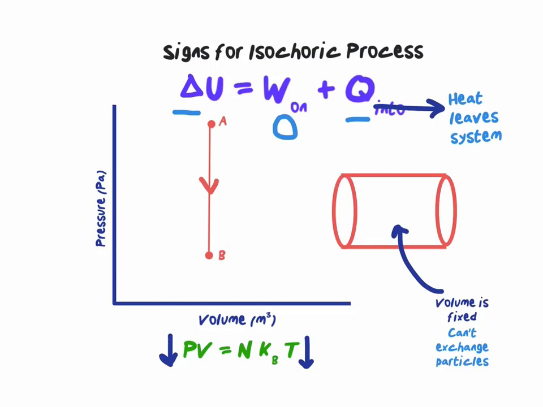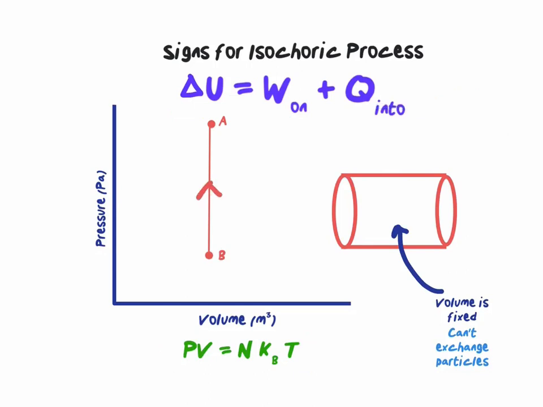Now, if we point the arrow up, we would see that that indicates that there has been an increase in pressure. But remember, this is all happening almost instantaneously. So it's basically saying you have this fixed container with no particle exchange with the environment, and all of a sudden you increase the pressure, and that results in an increase in the temperature, which means that there would have to be heat flow into the system somehow, but not in the form of particle exchange.